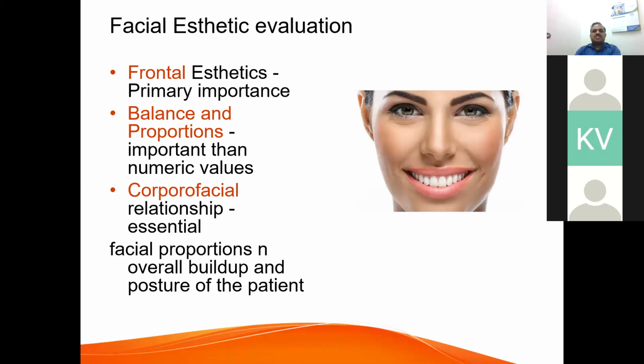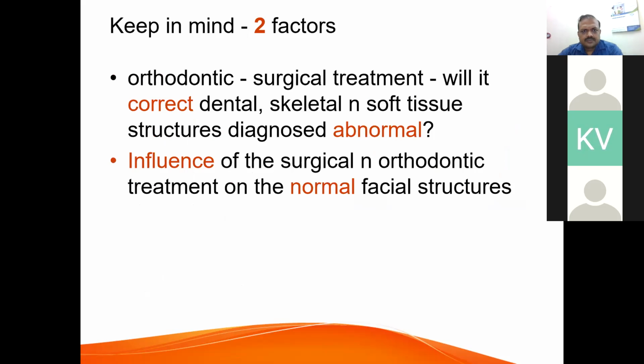So the corporofacial relationship is essential: the facial proportions to the rest of the body, and the posture of the patient. This evaluation has to be carried out in detail. We have to keep in mind 2 factors.